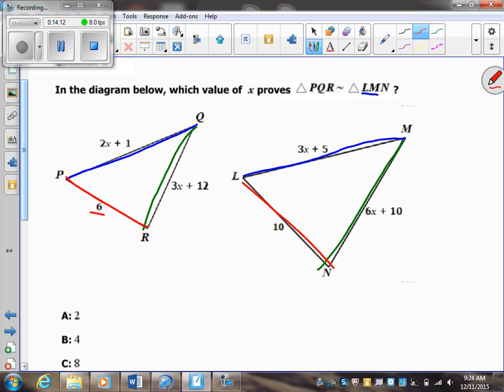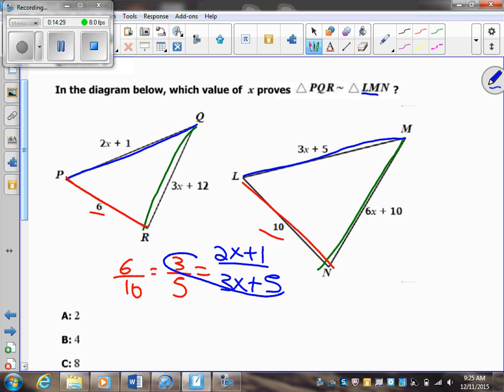So I can see the scale factor is going to be 6 over 10, which can be simplified as 3 over 5. So I'm going to use that. And I can use the blue one, which is 2x plus 1 over 3x plus 5. And all you have to do is just cross multiply so that you guys can solve. When you cross multiply, I'm going to do one more step.